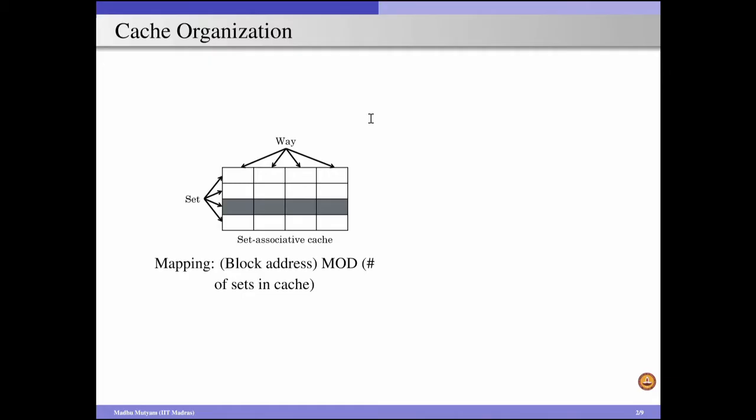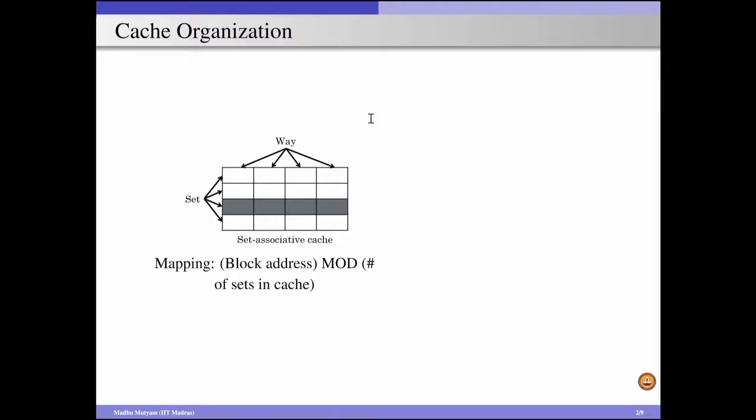One is the set associative cache, where the total number of blocks are arranged in a collection of sets, and each set accommodates a fixed number of blocks. Effectively, a cache is divided into sets and ways. In this particular example, we consider 4 sets and each set accommodates 4 ways, and that is why this is called a 4-way set associative cache.